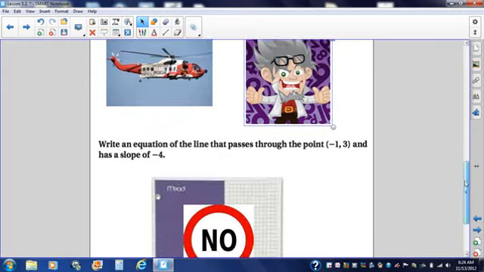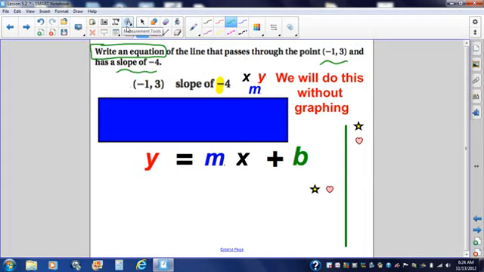On your paper, please write the ordered pair (-1, 3), and write slope of -4, and then write on your paper, write an equation. Remember, you might want to make yourself a note. We are going to write this equation without graphing.